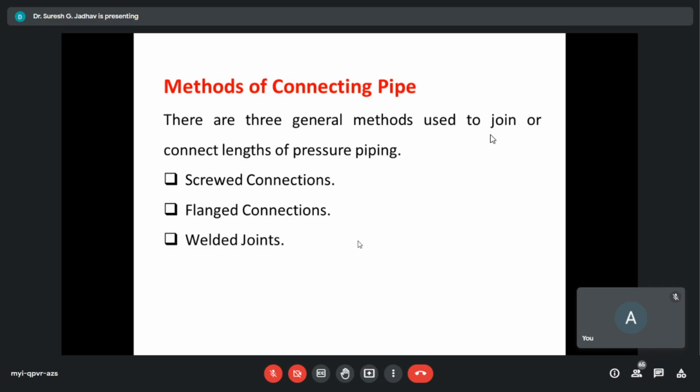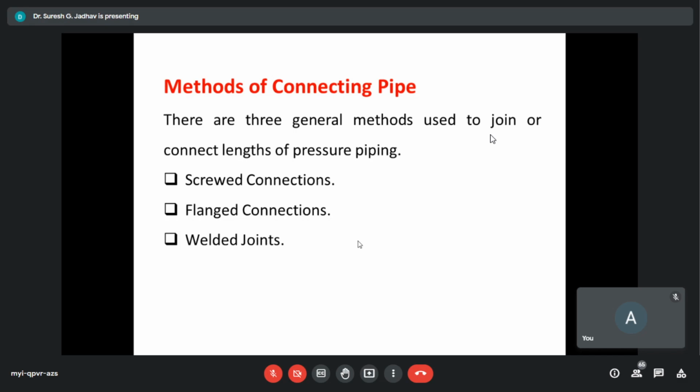Another disadvantage is that threaded connections are subject to leakage and strength of the pipe is reduced when threads are cut in the pipe wall. See the advantages and disadvantages of screwed connection.